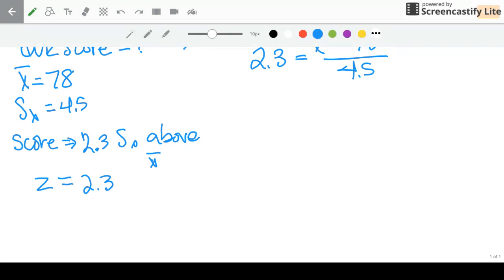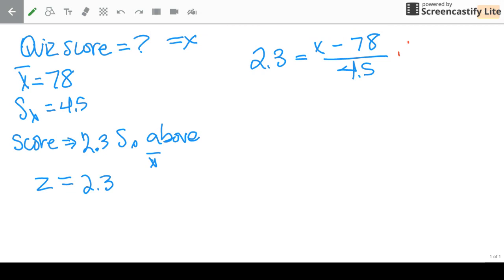So the first thing I need to do is get rid of the 4.5, so I'm going to multiply both sides. What I do to one side, I have to do to the other side. So that cancels on that side.